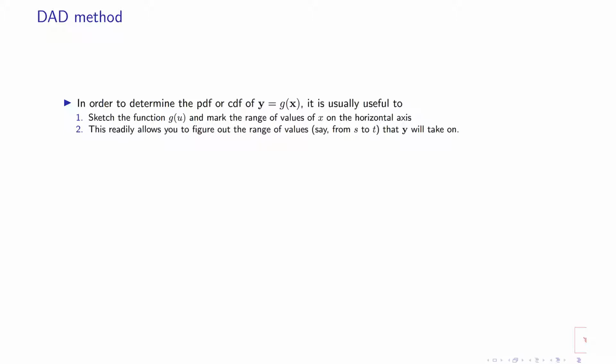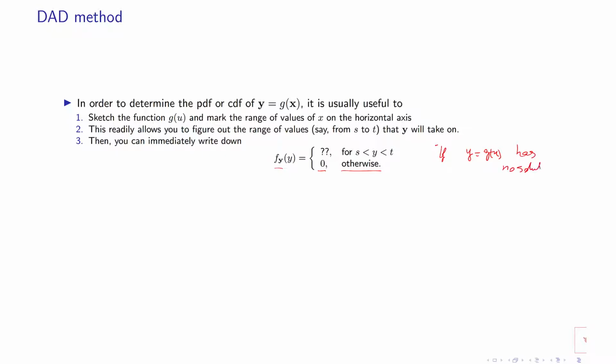But instead of one dimension, one axis x, you have two dimensions. And then you can say that for a single random variable, if y equal to g of x has no solution, you could quickly say that the PDF is 0.